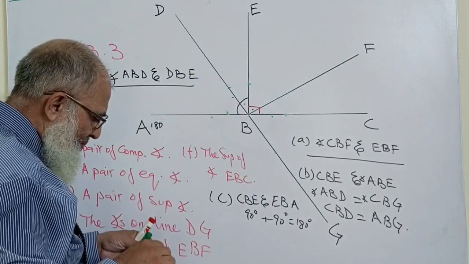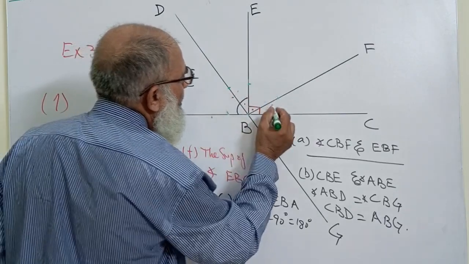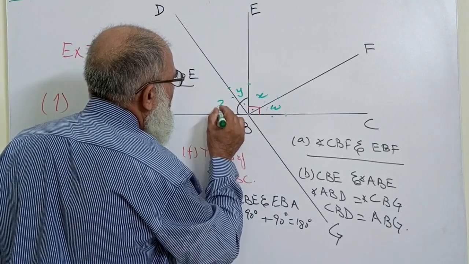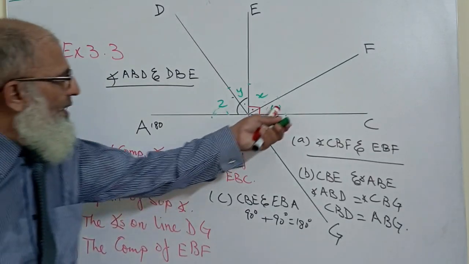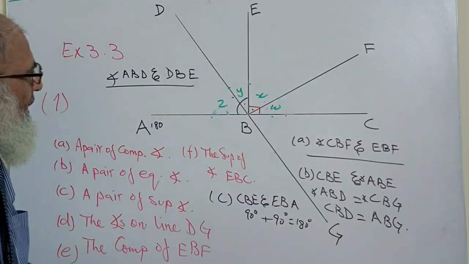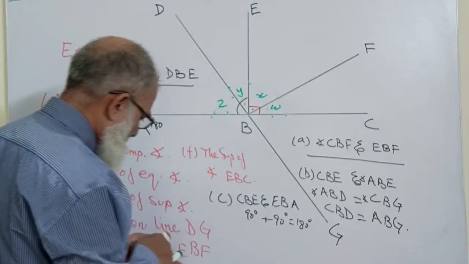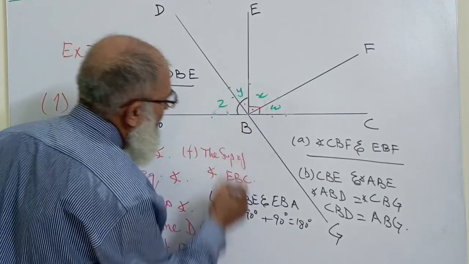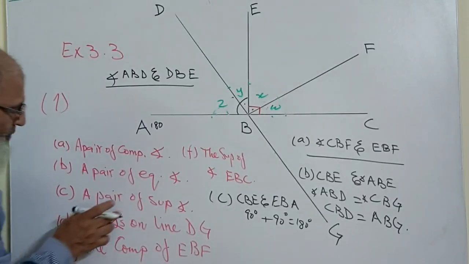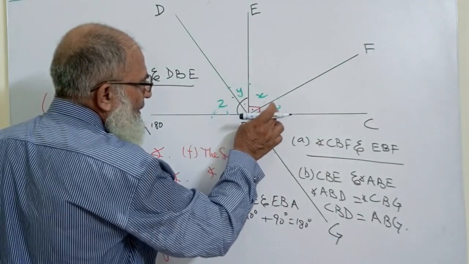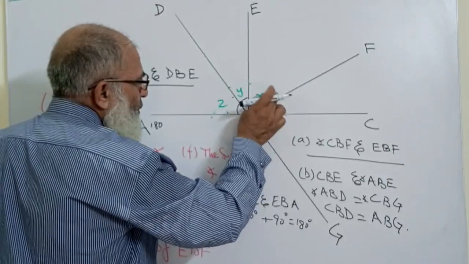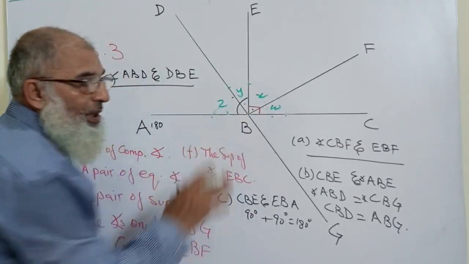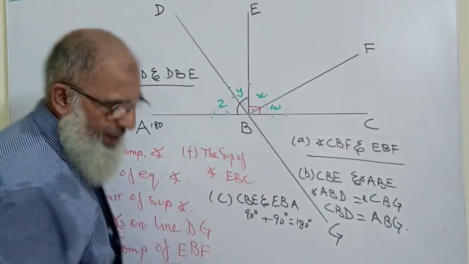Now let me write them as W, X, Y, Z. All these angles W, X, Y, Z also constitute 180 degree, but this is not a pair. These are actually four angles, so we don't write them.